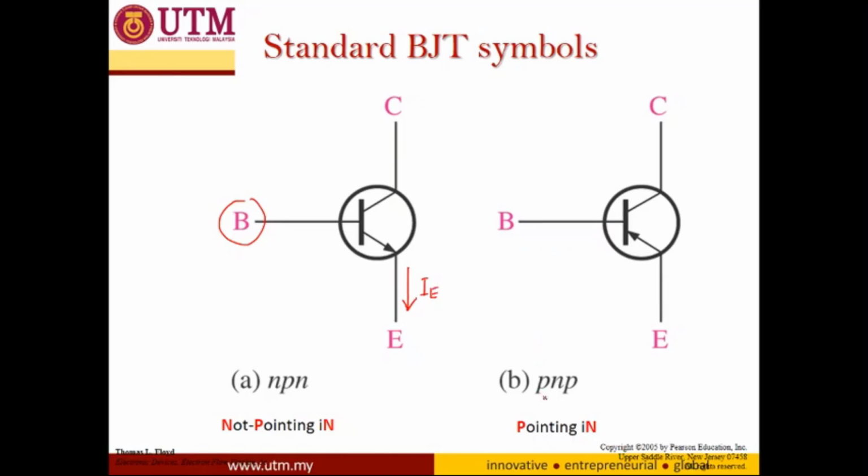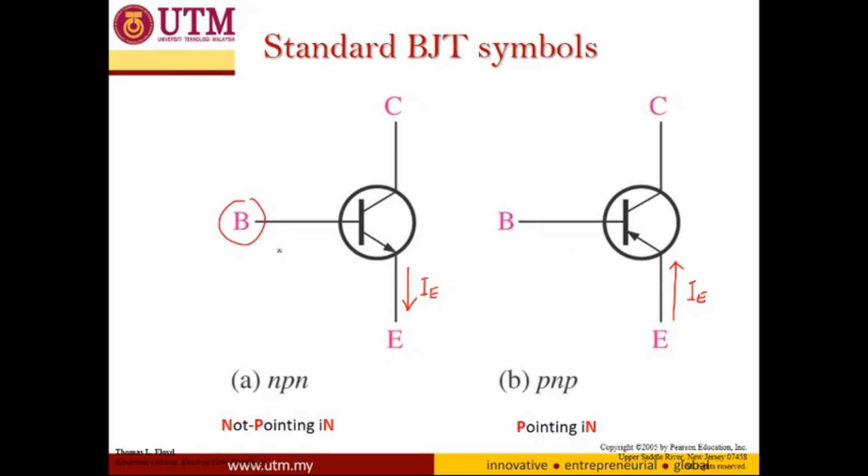For PNP, the arrow direction is toward the inside of the device, so the direction of the emitter current is upward.